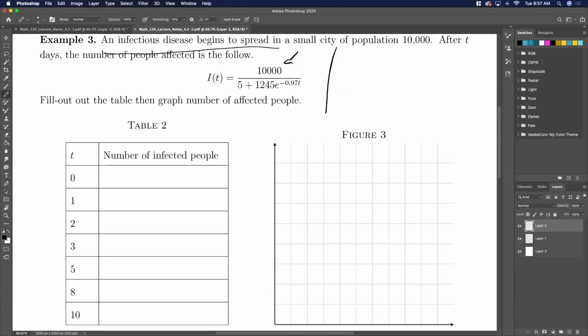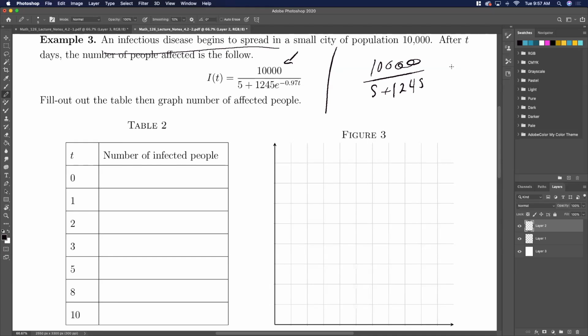All right, so at 0, if we type in 0, how many people are infected? I'll crunch through this one. Here we'll have 0, so this becomes 1. So I'll have 10,000 divided by 5 plus 2,4,5.